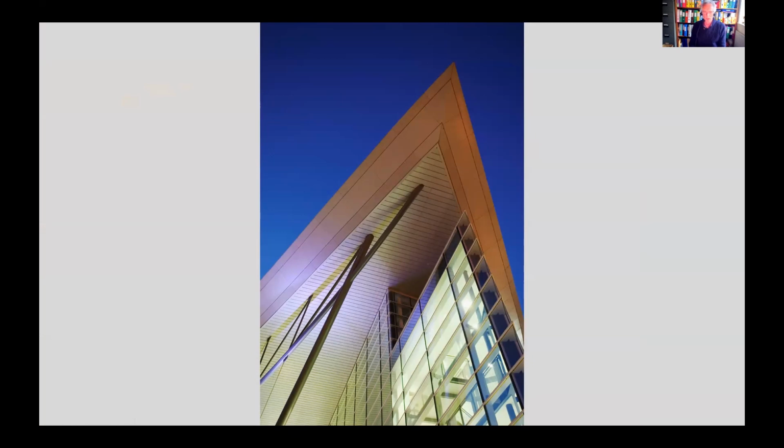I'm just pointing the camera up towards the sky and really concentrating on this very triangular corner of the building, just to give you a really strong arrow sense of the building, and again a lot of dynamism and energy in that shot, coupled with the rather nice dusk light, giving us a nice violet colour in the sky, coupled with the artificial light coming out from the building itself.